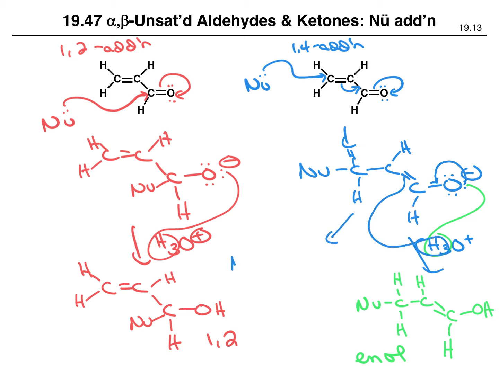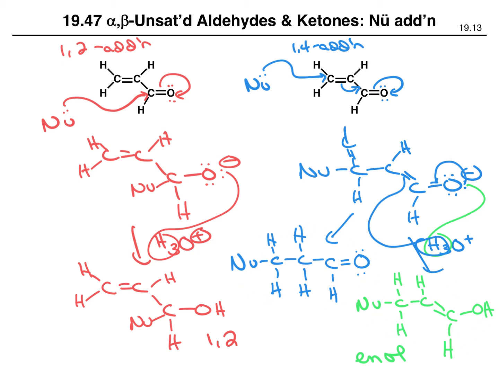That gives this as our product. While this is an enol, this is called the keto form, even though it is an aldehyde. A carbon-oxygen double bond is stronger than a carbon-carbon double bond, so this product is favored instead of this one.